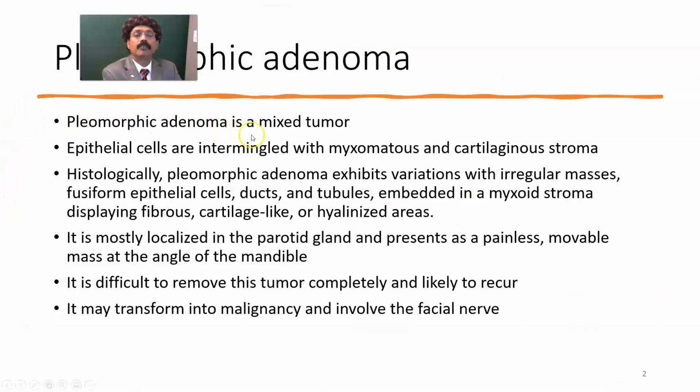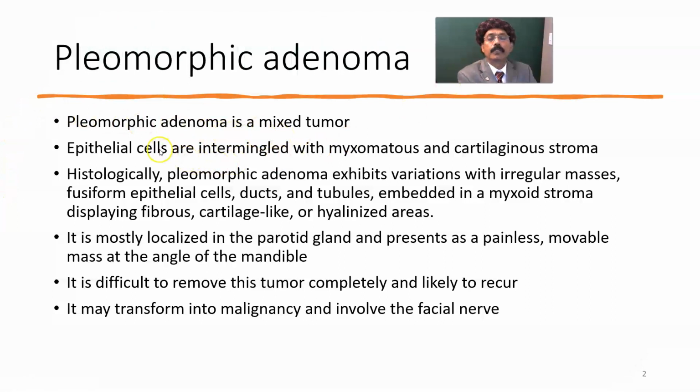It is a mixed tumor. We get a mixed type of tissue. Epithelial cells are intermingled with myxomatous and cartilaginous stroma. That is, epithelial cells are mingled with derivatives of mesenchymal cells.